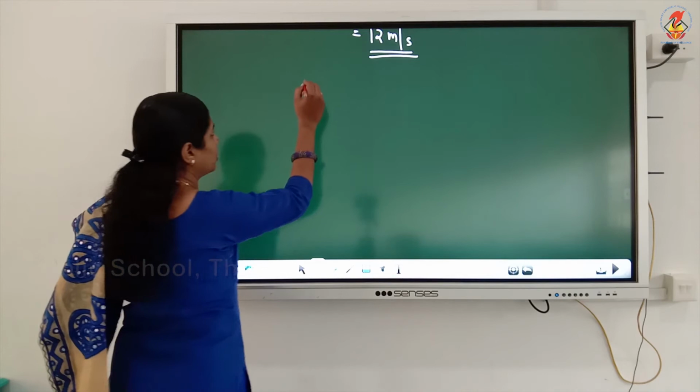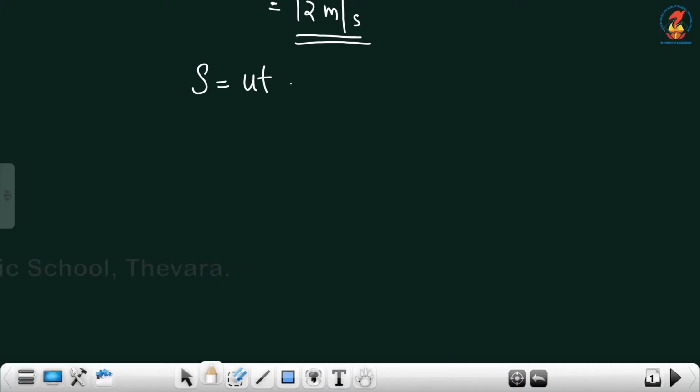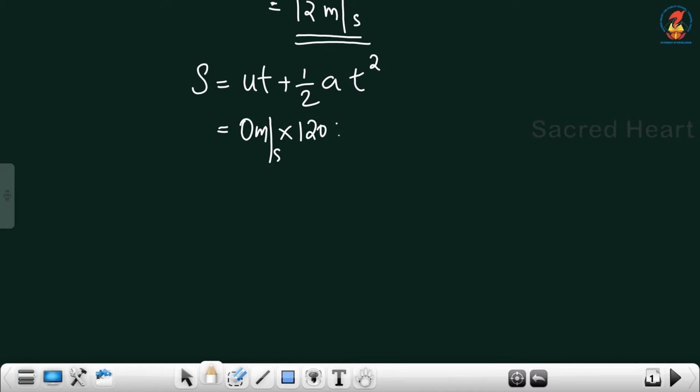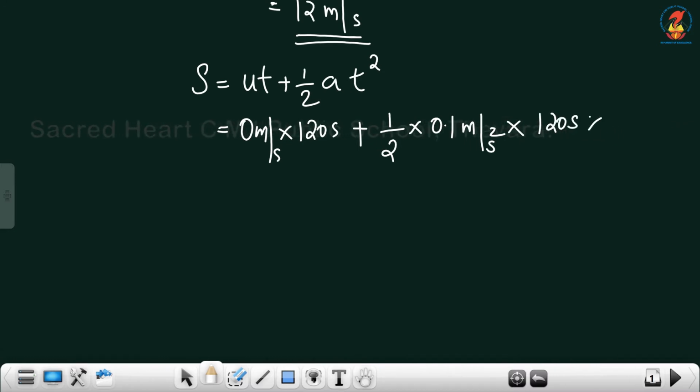So here I am using S is equal to ut plus half a t square, that is equal to 0 meter per second into time 120 second plus half into 0.1 meter per second square into 120 second into 120 second.